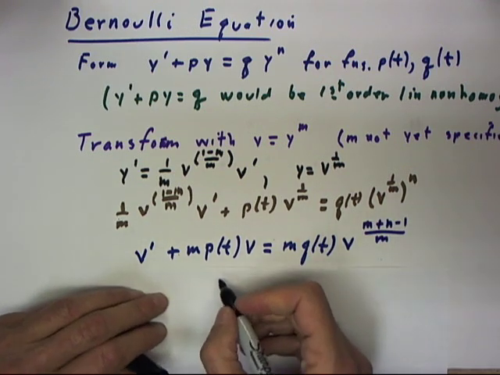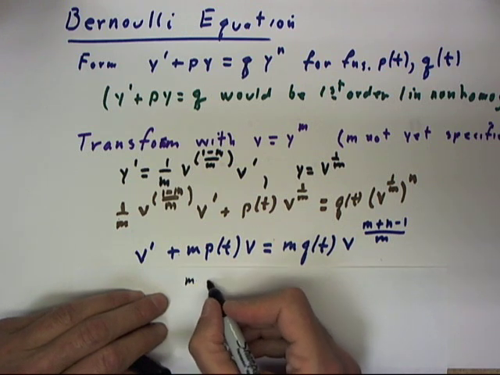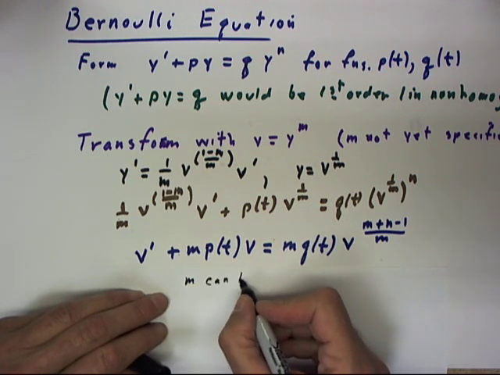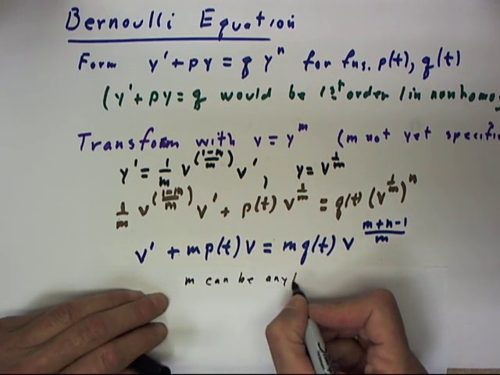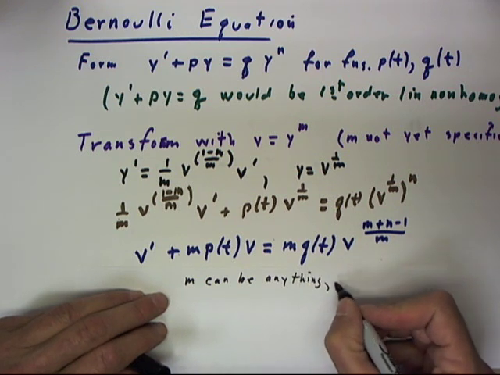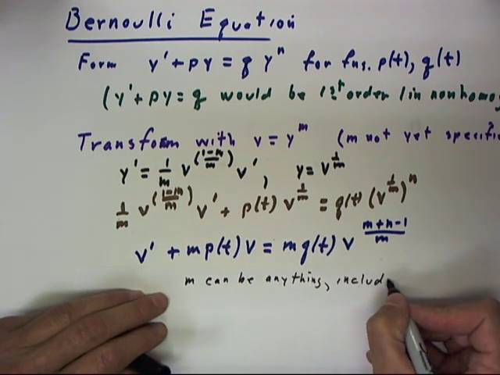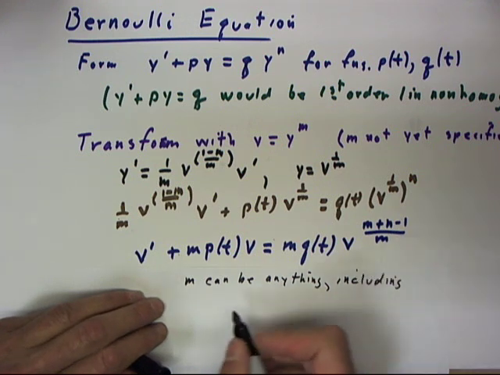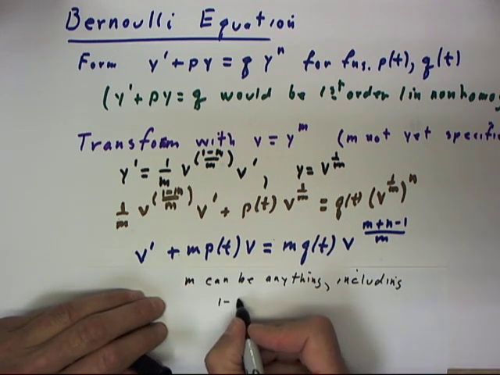So m can be anything, including 1 minus n.